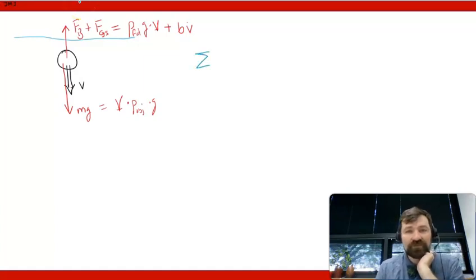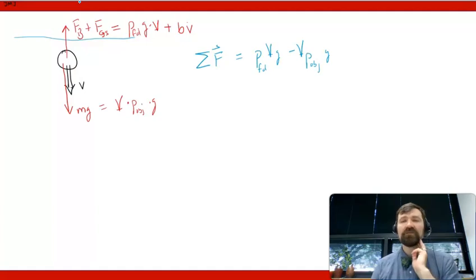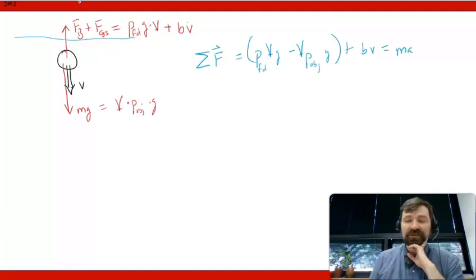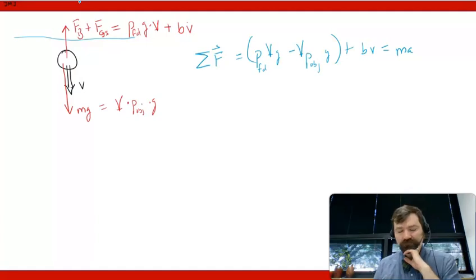So my sum of forces in this case is going to look like rho of fluid times volume of object times g, minus volume of object times density of object times g, plus b times v. And that should equal the object's mass times its acceleration.